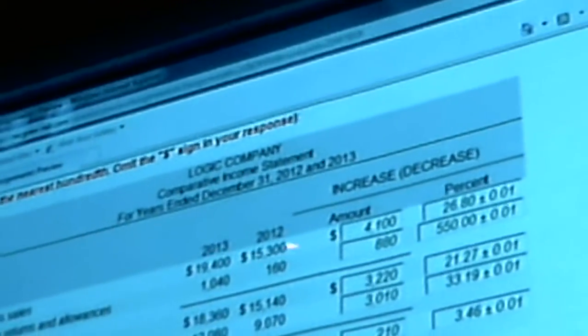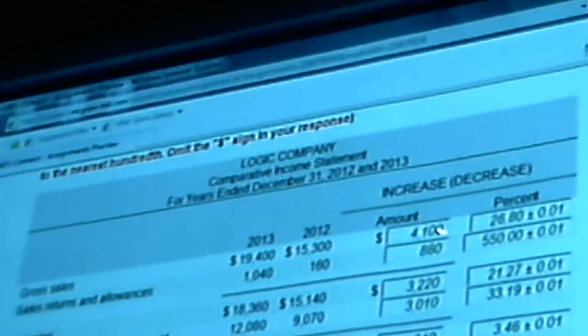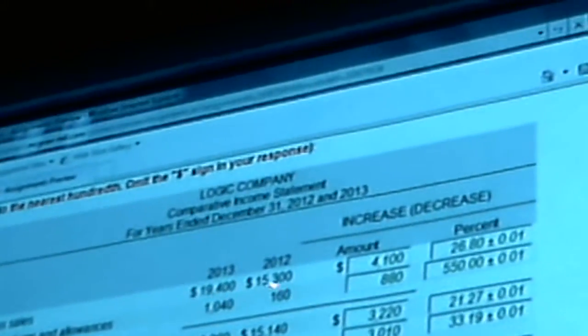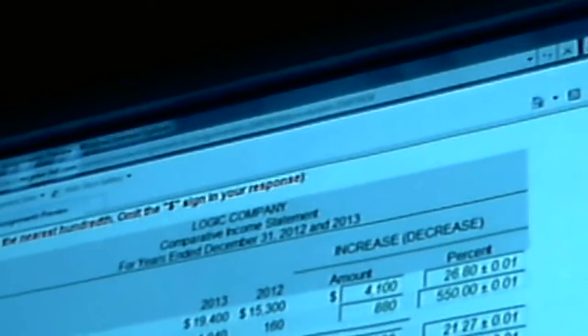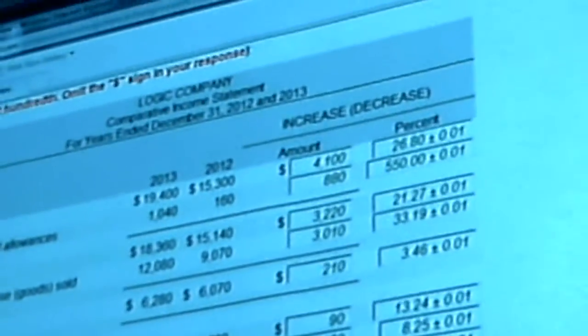So, if we have 2 years here, you can already see that this 4,100, your first answer, is the result of 19,400 minus 15,300. The reason I'm mentioning this is because in the instructions, they don't tell you to use horizontal or vertical. You have to figure it out for number 6.